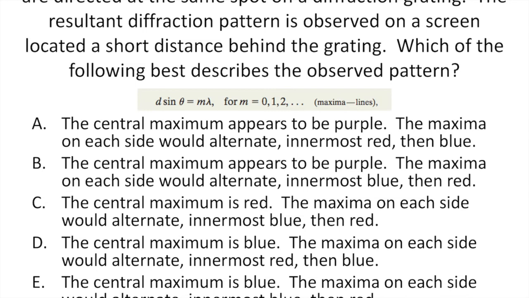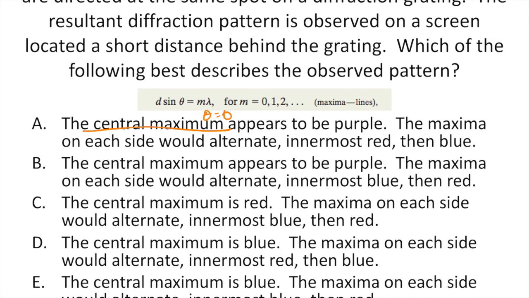Let's see. These answers break it into the central max, and then what happens to the maximum on either side. We know that the central maximum is at theta equals 0, and for theta equals 0, lambda does not matter.